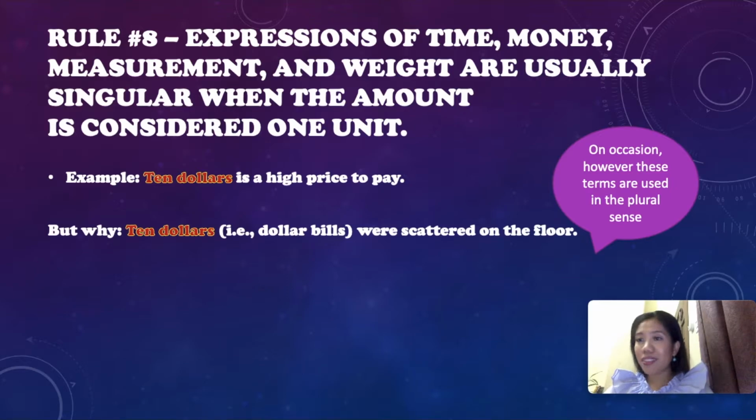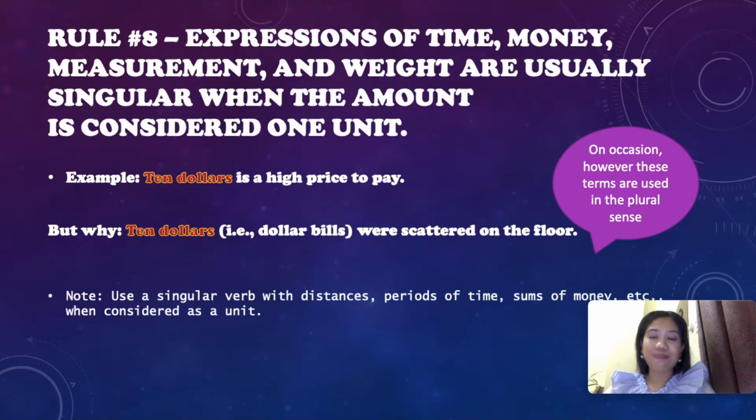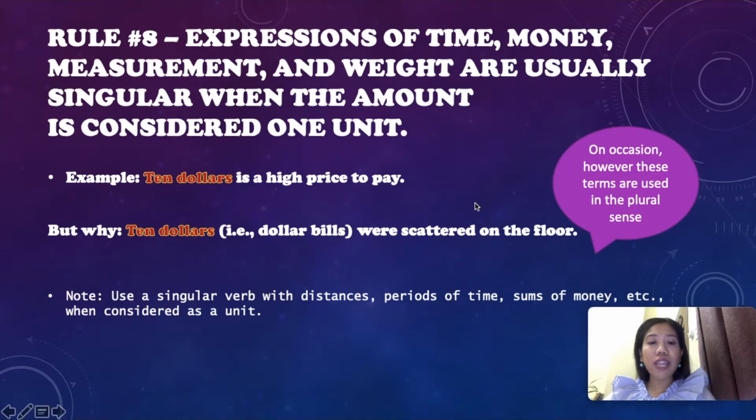It is because we are referring to the dollar bills. On occasion, though, these terms are used in plural sense. Okay, as our takeaway, note: use a singular verb with distances, periods of time, sums of money, especially when considered as a unit.